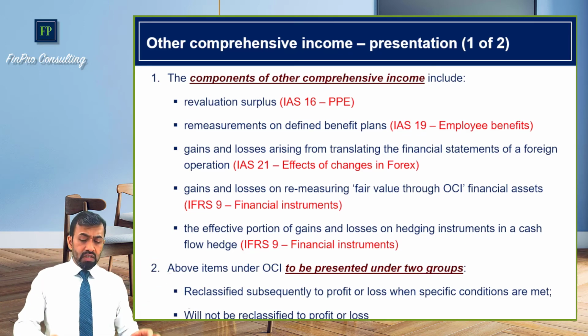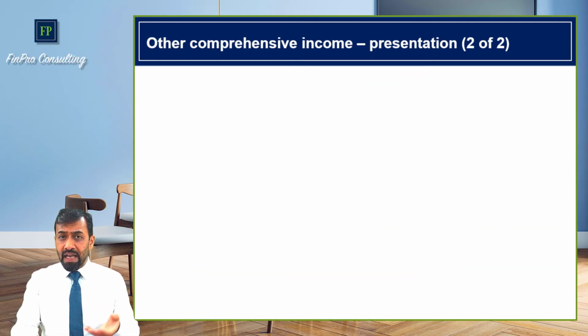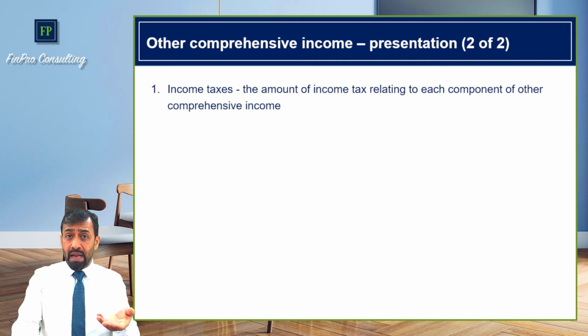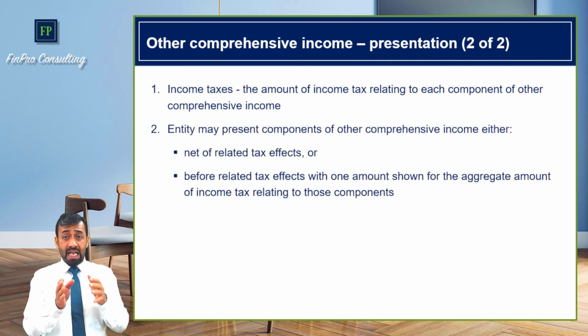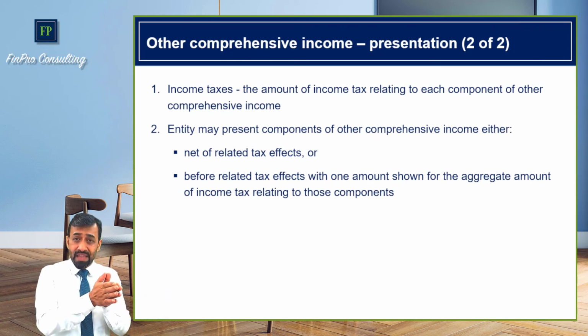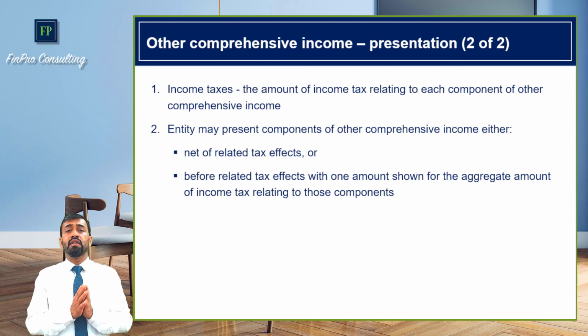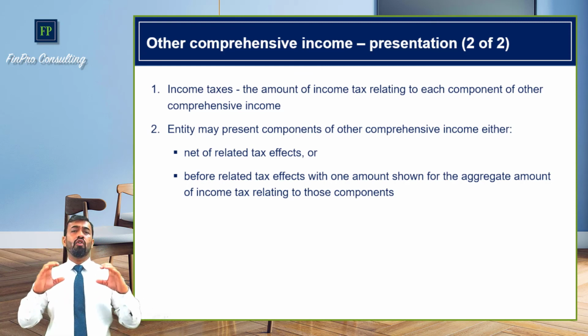With respect to these line items, there could be the effect of income taxes, that is deferred taxes or income taxes actually. Those income taxes may be presented as part of that line item itself, that is net, or it could be presented gross. But those will be presented in the section other comprehensive income.